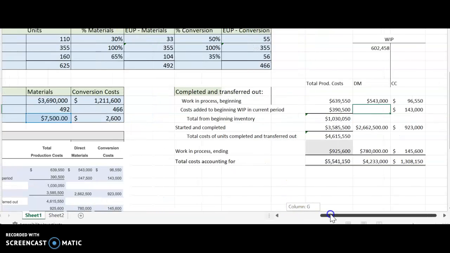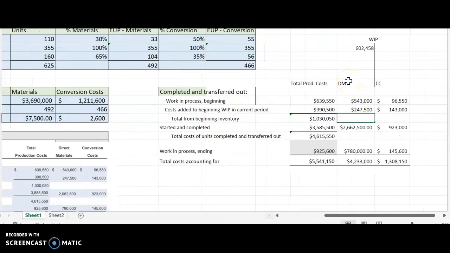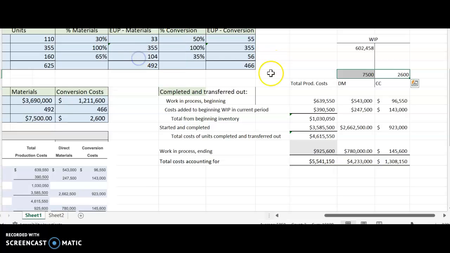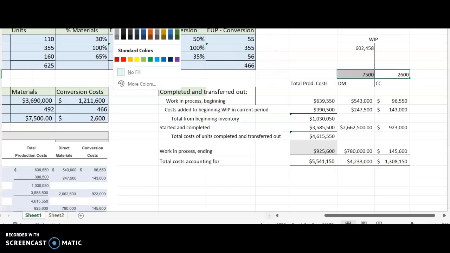If you want to write cost per equivalent unit 7,500 up there, you can. And then the conversion cost per unit is this. You can do that if that helps you see it. Since we calculated that already, there shouldn't be a problem with just doing that.